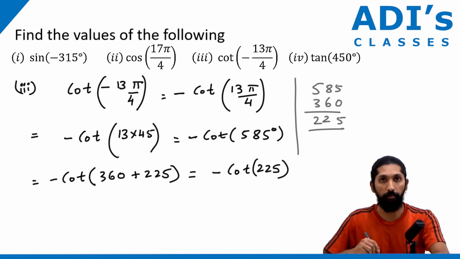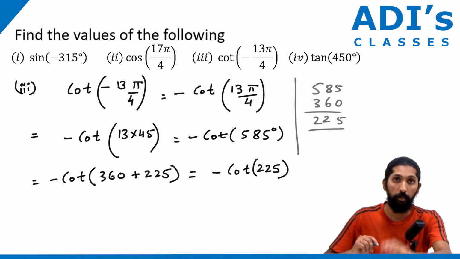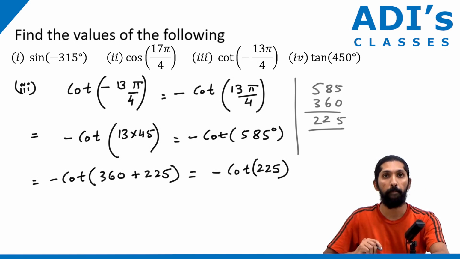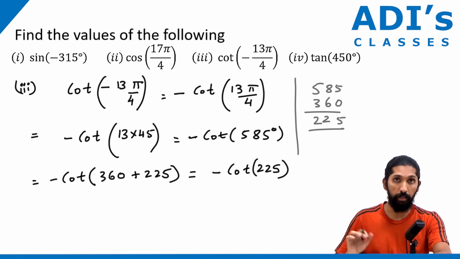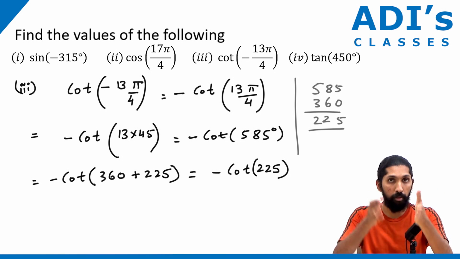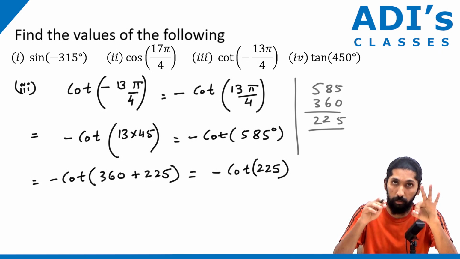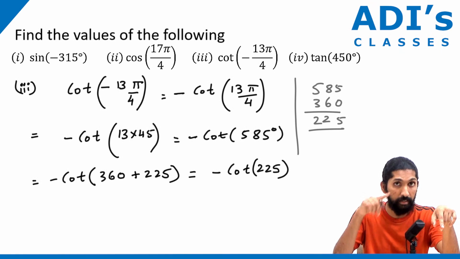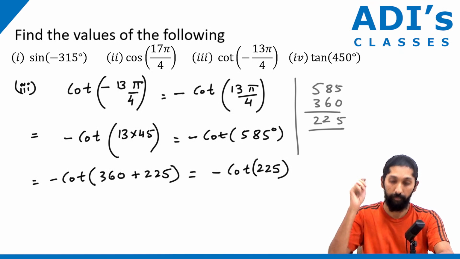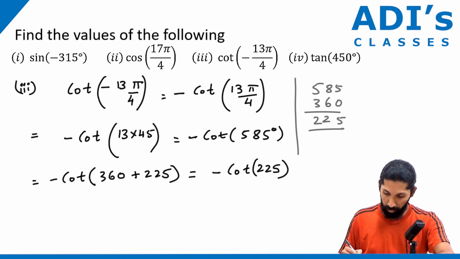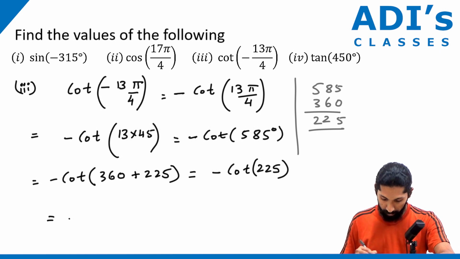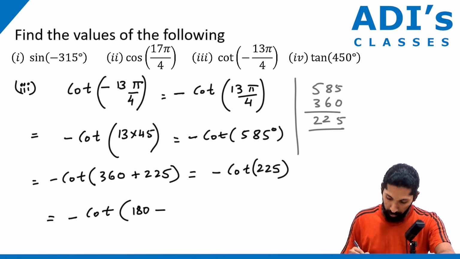Now 225 is in which quadrant? Third quadrant, isn't it? Since this is in the third quadrant, cot, is it positive or negative in the third quadrant? Cot is positive, right? Third quadrant, tan and cot are positive. So in this case, this is going to become minus cot of 180 plus 45.